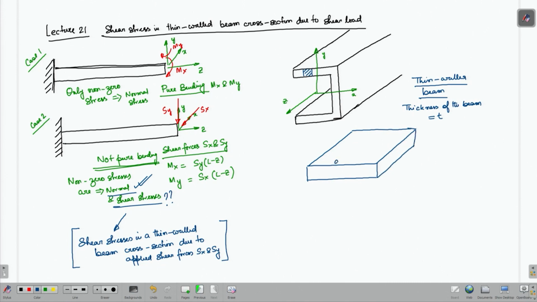So, this is ds, this is dz, and this thickness is T. Now, let us try to find out the stresses that are going to act on this elemental portion of the beam.